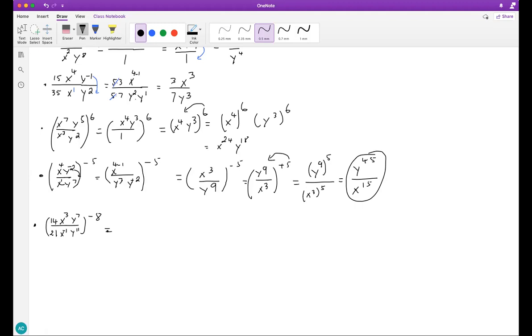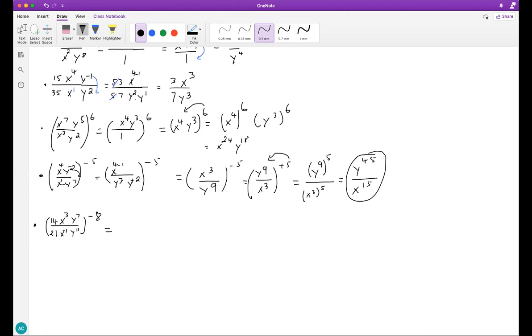Does it look simple yet? You have a lot going on, as you can see, but the idea is the same. You just have to remember your main steps. No need to panic when you see something like this. Just remember, work inside first. Forget about the outside power for a moment.